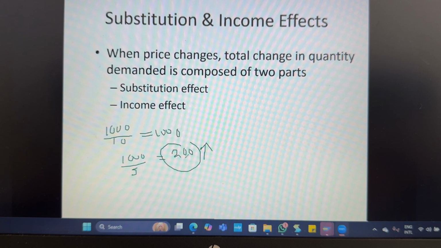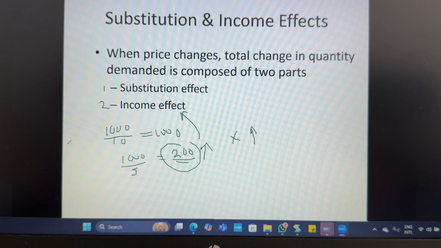Because of this increase in real income, you can buy more of commodity X, because now your income position is much better. Because of the real income change, demand for X is going up. This is called the income effect. So those two, the income effect and the substitution effect, are the reasons behind the law of demand.